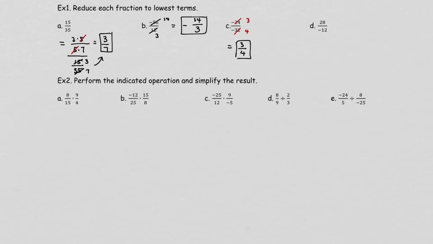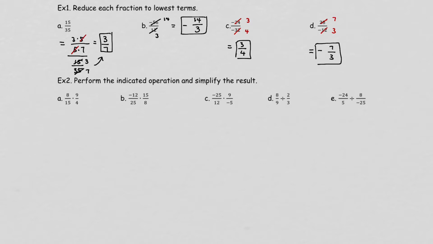This one you have 28, 12. 4 is common. So 4 goes into 28 7 times, 4 goes into 12 3 times. Don't forget you have 1 negative. So your solution will be negative 7 over 3.